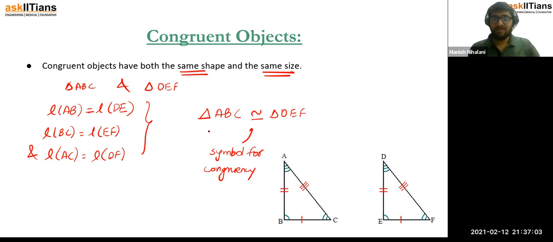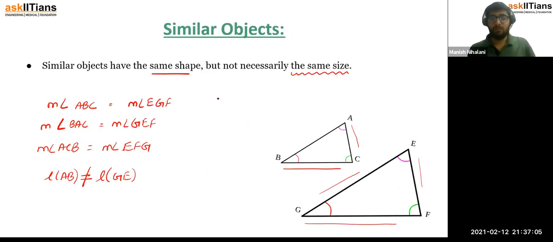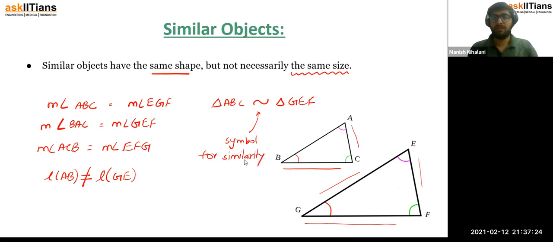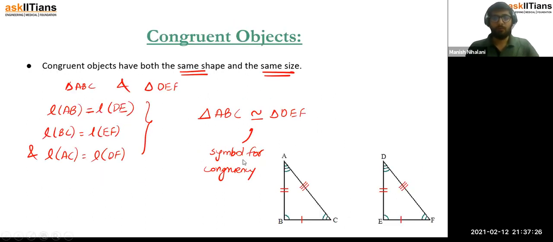But in the previous case, we could say that triangle ABC is similar to triangle GEF. This is the symbol for similarity, right? This is what we need to understand, the difference between similar objects and congruent objects.